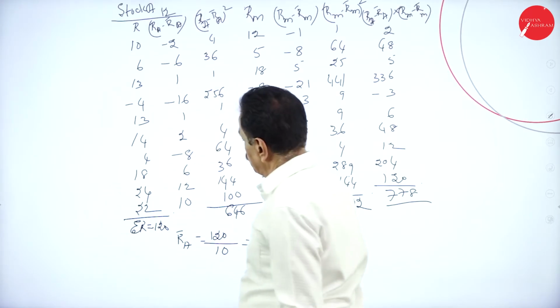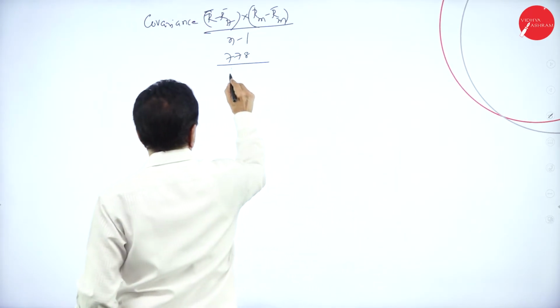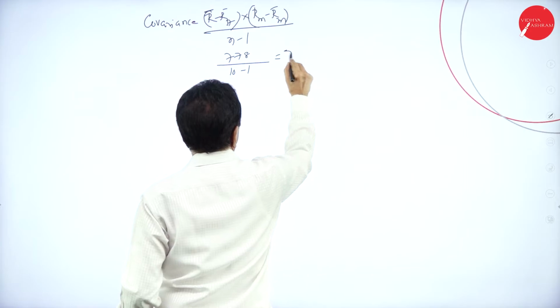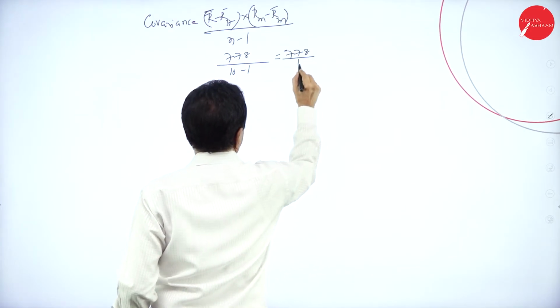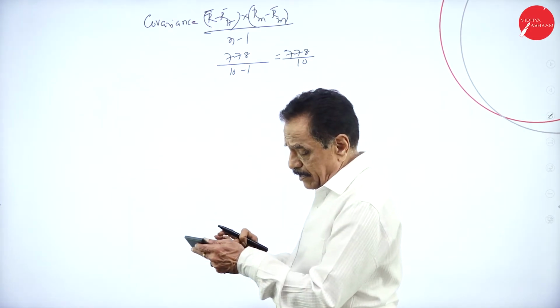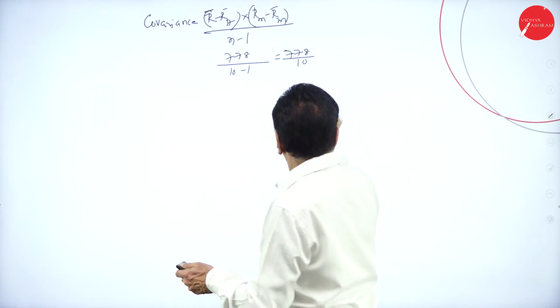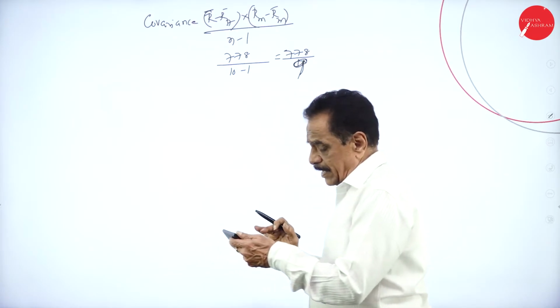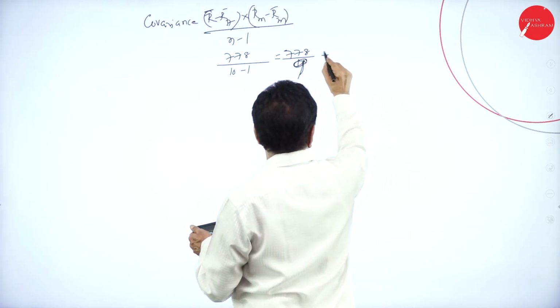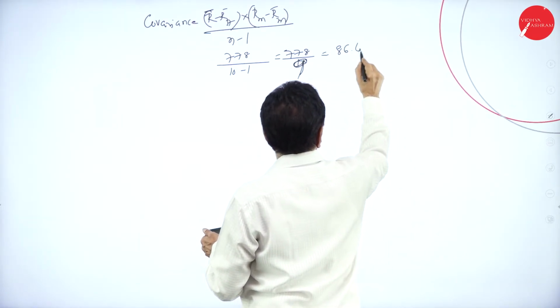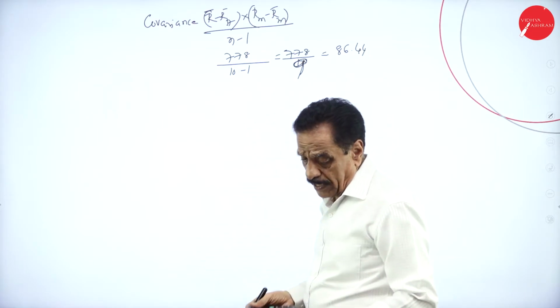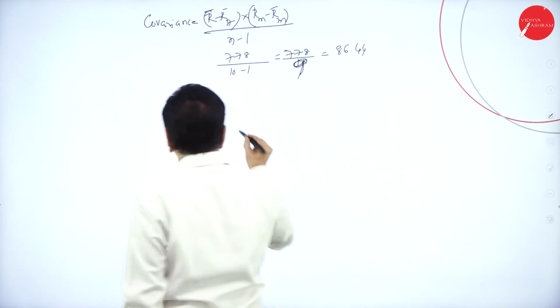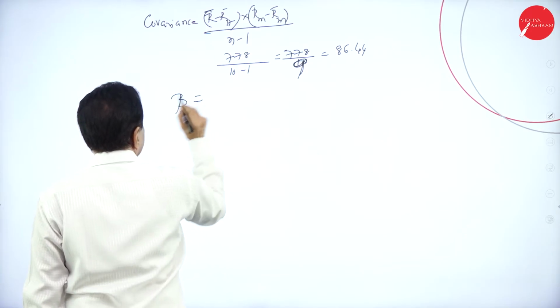What's the number of items? 10 minus 1. 778 divided by 9 is 86.44. This is your covariance.